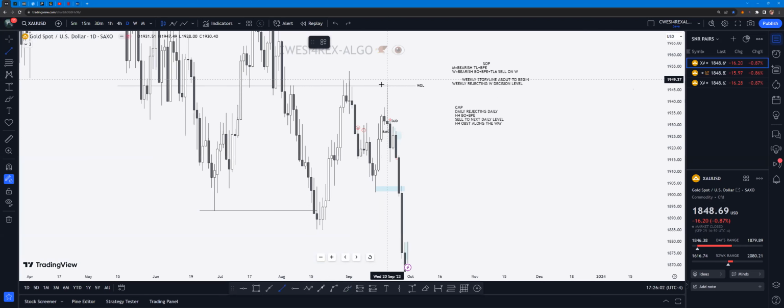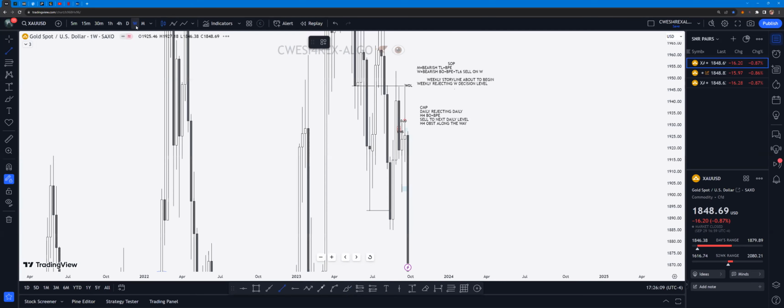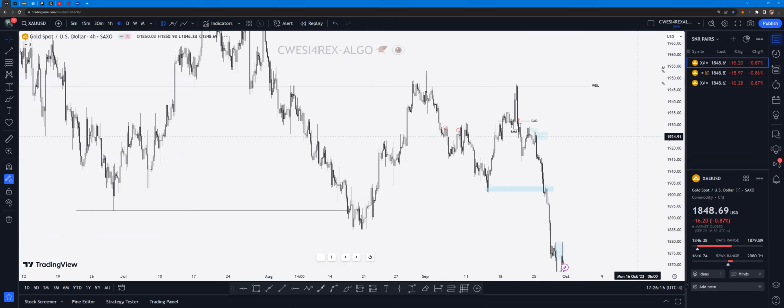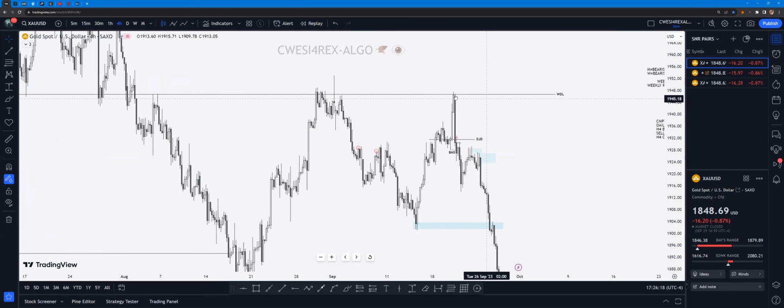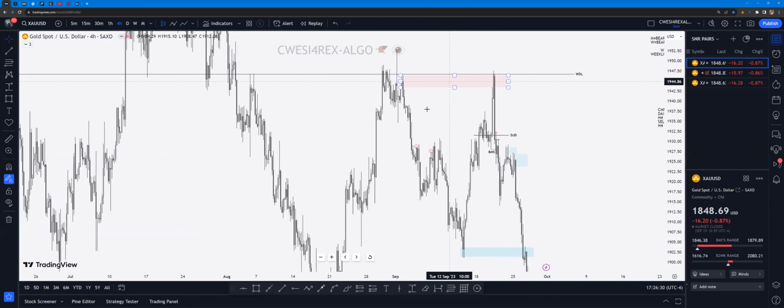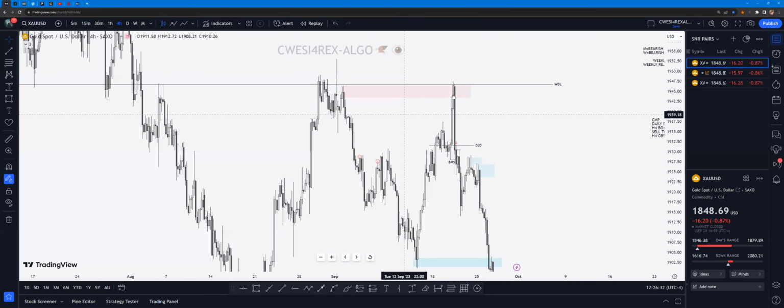Because we missed this, let's assume I took this over here based off this weekly. Then on the H4, we have some trend line that led to this. I had this marked as my point of interest. I think I got some trend line that gave me this sell over here.